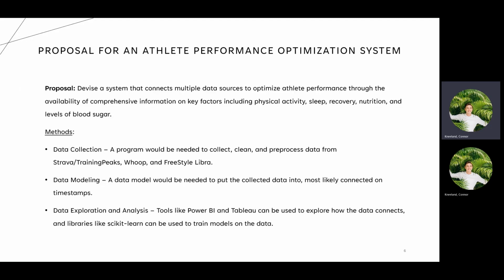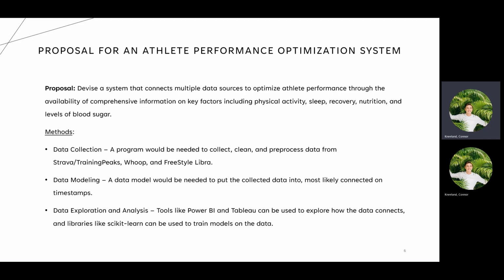Some of the higher level models for developing the system include data collection. We need a program to collect, clean, and pre-process the data from Strava, Training Peaks, Whoop, and Freestyle Libre. That would pull together API information and information from a CSV all into one coherent format.